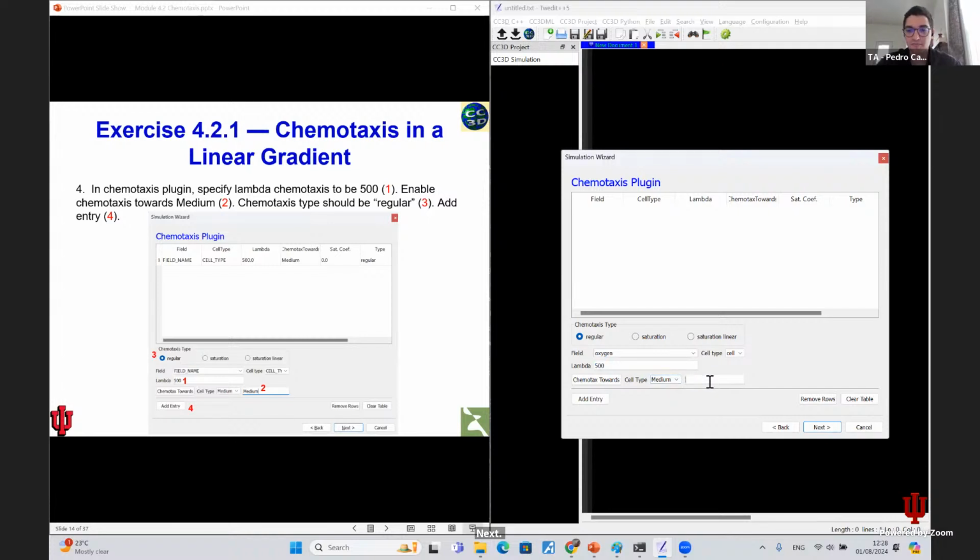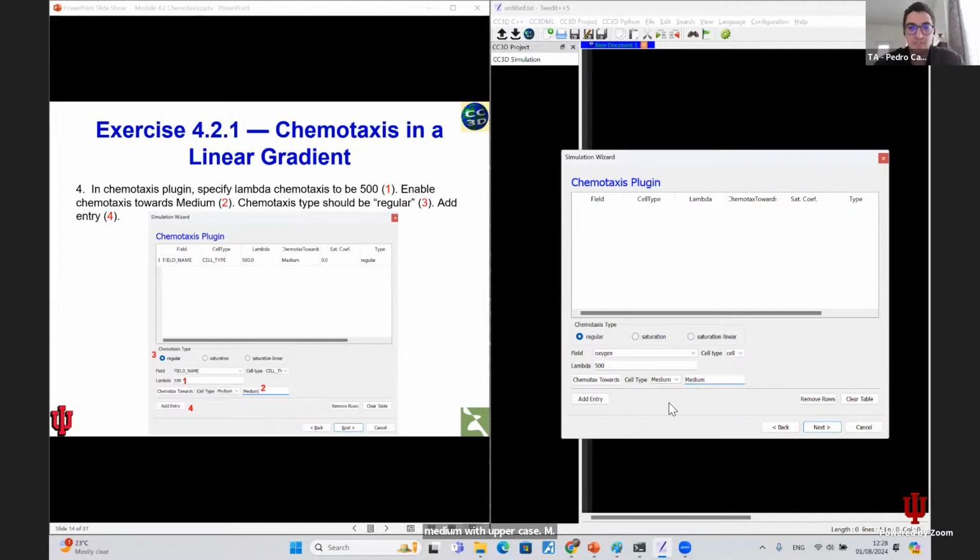So in this blank field, I will type medium with uppercase M. I will do this again. In the chemotaxis towards blank field, I will type medium with uppercase M. This is the second step.